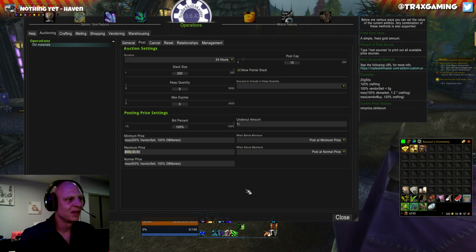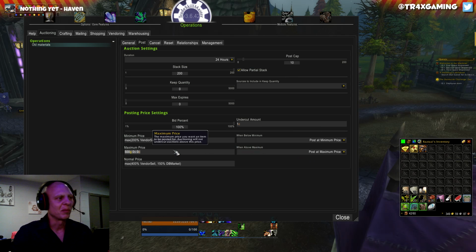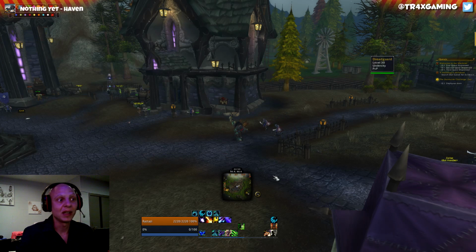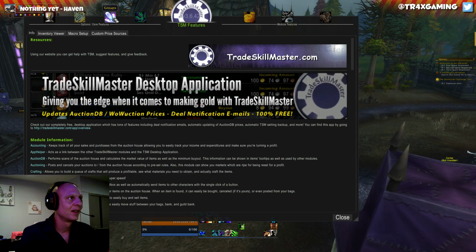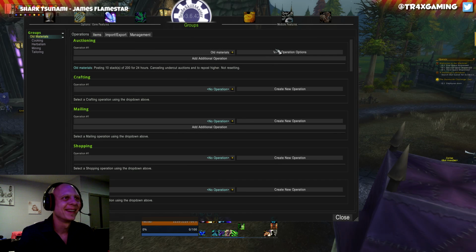Are you then going to post this at, like it says here, when above maximum price? Post at normal? No, we're going to post it at maximum price. As soon as something is high, we're going to post it high as well. Now I do the same thing. Okay, I didn't have the price box selected. Now we know what's up.